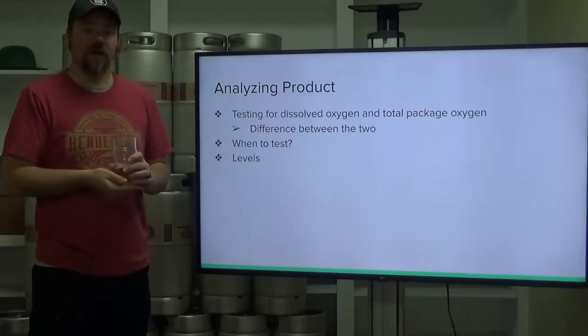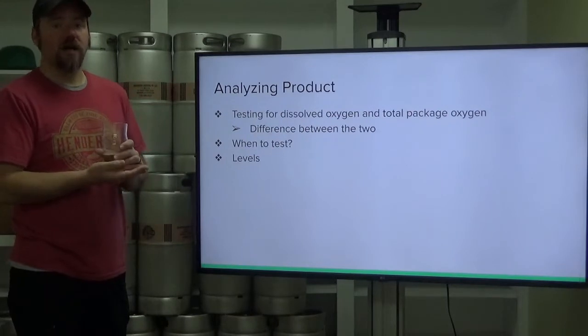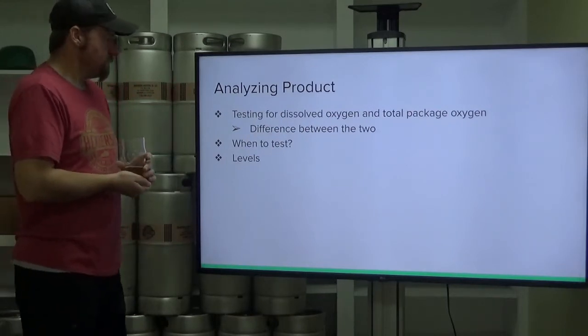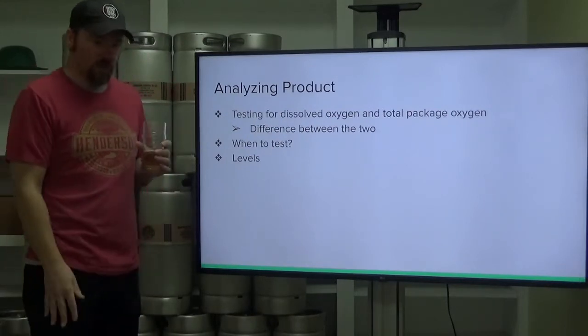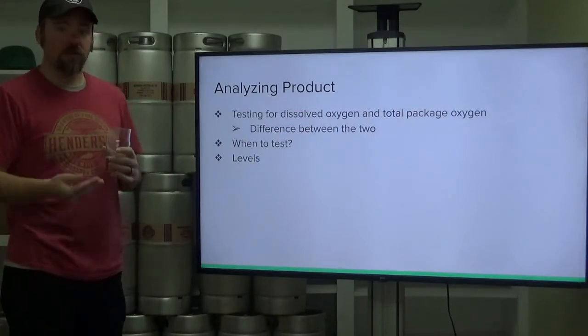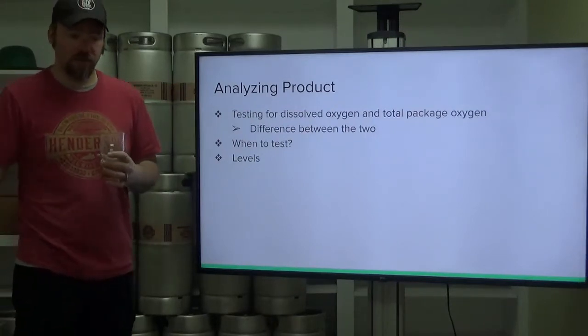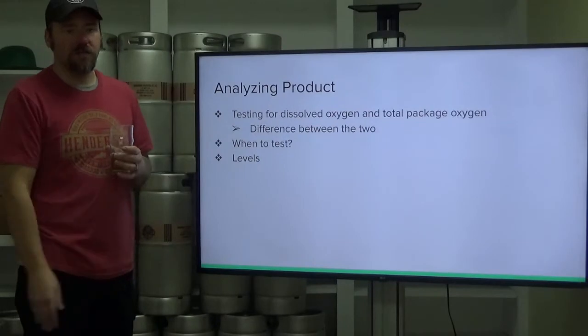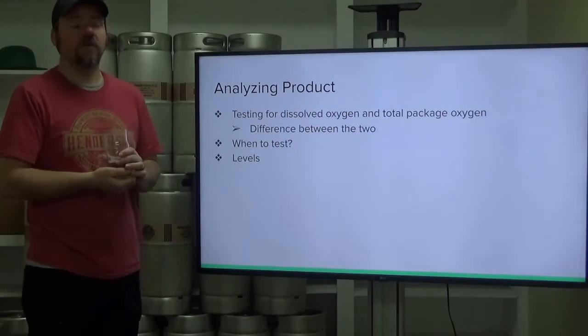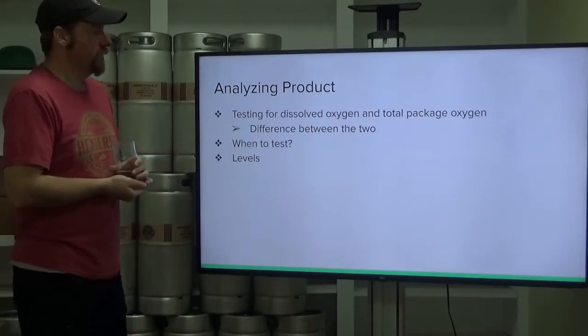It's very easy to pick up enough oxygen to oxidize an entire batch. So, what do you do? You purge, you purge, you purge. Everything that is going to touch beer post-fermentation needs to be purged of all the oxygen as well as you possibly can.